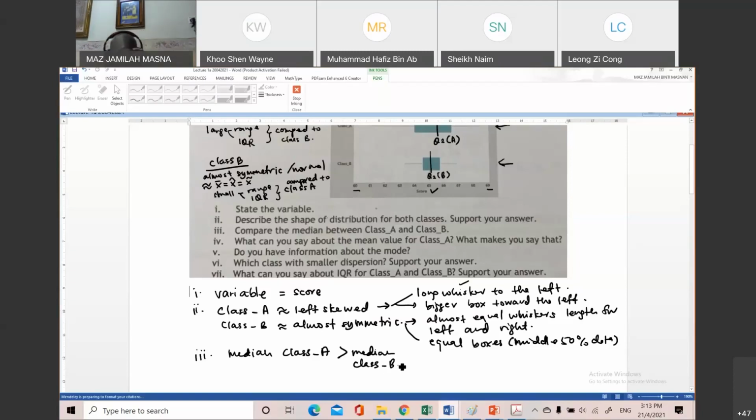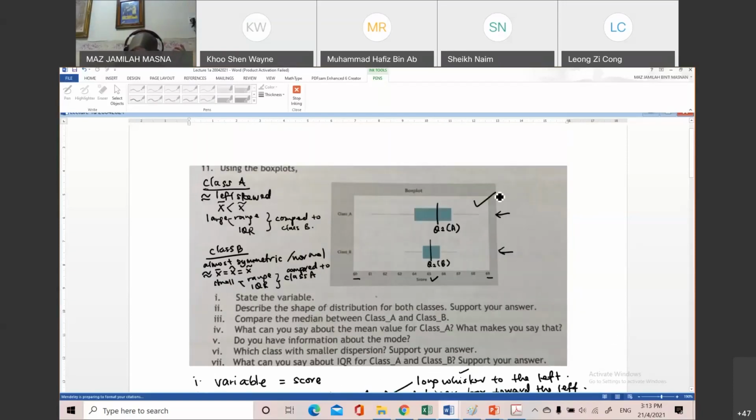Right. What can you say about the mean value for class A? What about the mean of class A? We are talking about class A, and we know that it is left skewed. Someone said just now about the mean and the median, so that comment can be used here.